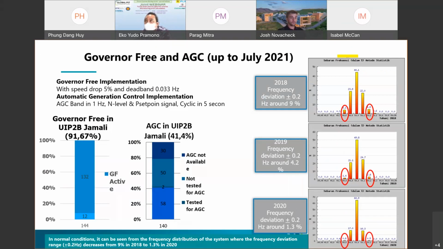We can see in 2018, 2019, and 2020, that 2020 is going better than before. The deviation is only 1.3%.